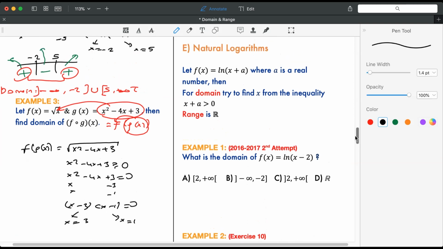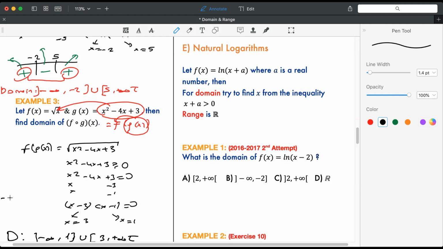So in a short way, you can say from negative infinity to the smaller number, union from the bigger number to positive infinity.